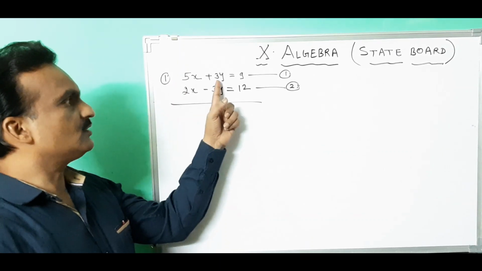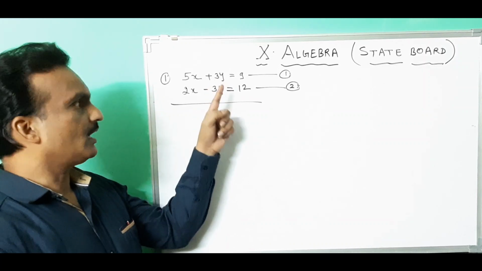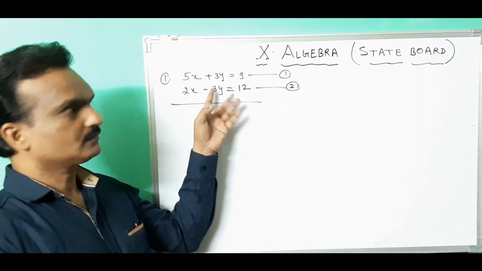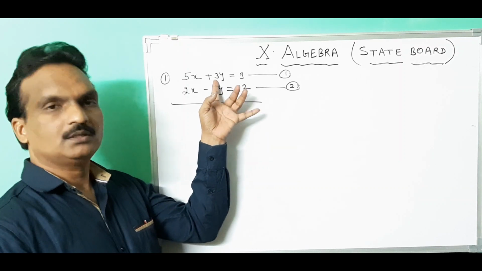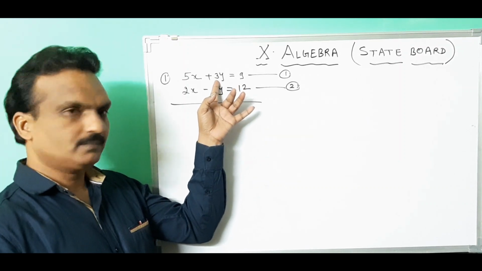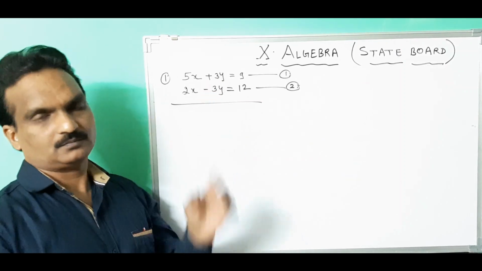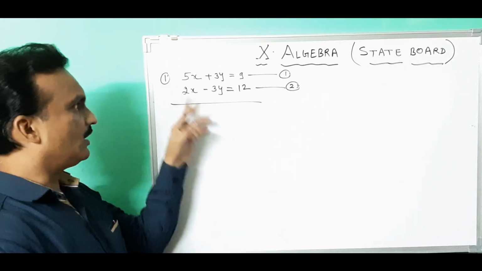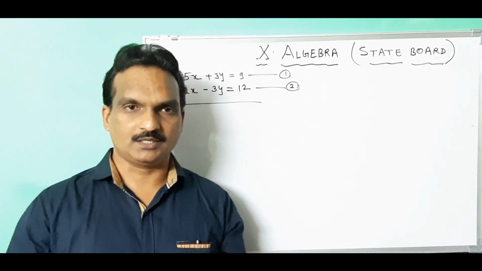But here, the coefficient of y is 3 and the coefficient of this y is also 3. Neglecting the sign, just concentrate on the number. Here you have 3 and here also you have 3. Coefficients are the same. So we need at least one coefficient of one variable to be the same, right?